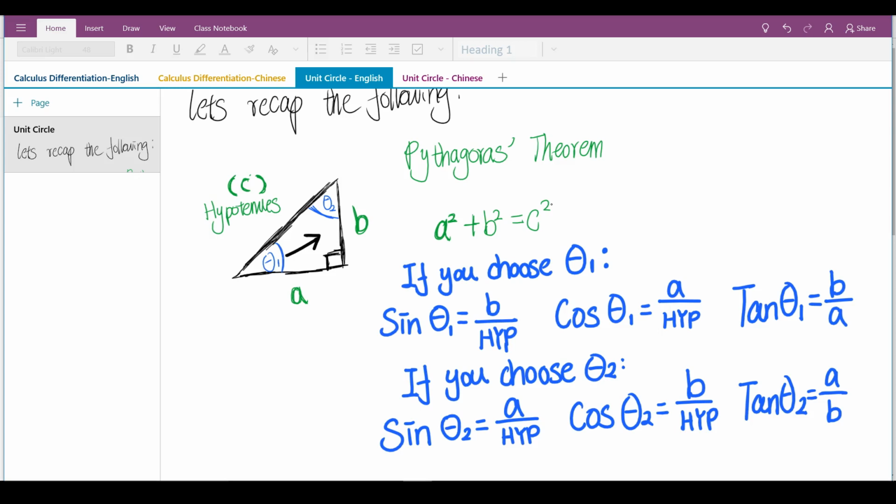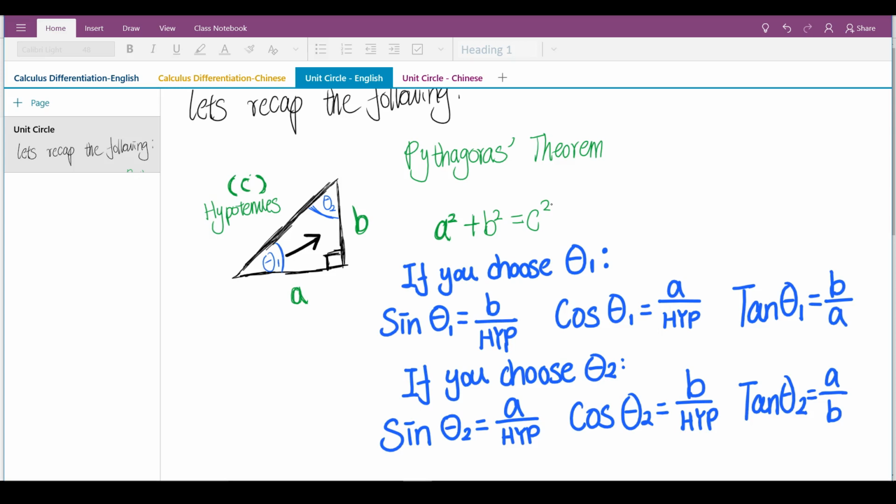If you choose theta 2 as your angle, some things would change a bit. Not the hypotenuse, but the opposite and adjacent. If you choose theta 2, sine theta 2 would be equal to A over hypotenuse, because when literally looking from the angle of theta 2, what is opposite is side A. Which side is opposite to theta 2?